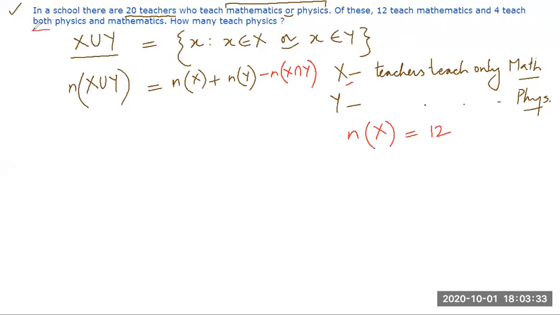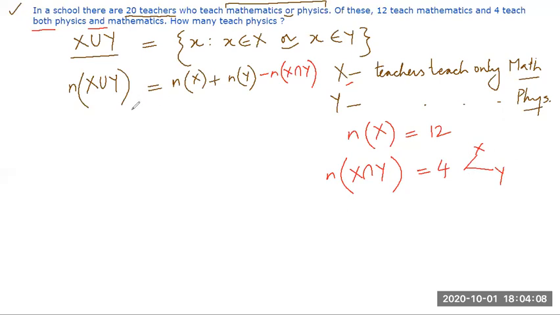So both, physics and mathematics, that's why it's written by 'and'. So Amitoj Singh, can you tell, 4 teach both physics and mathematics is which set? It will be X intersection Y. Very right, because it is for both the sets. This teacher is teaching X also, Y also, maths also, physics also.